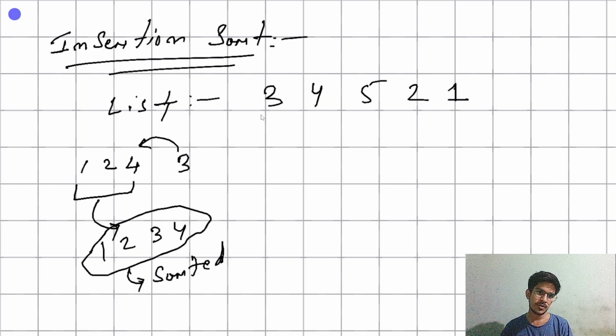What happens in the insertion sort? We take the first element. A single element is already sorted. Then we insert the next element.